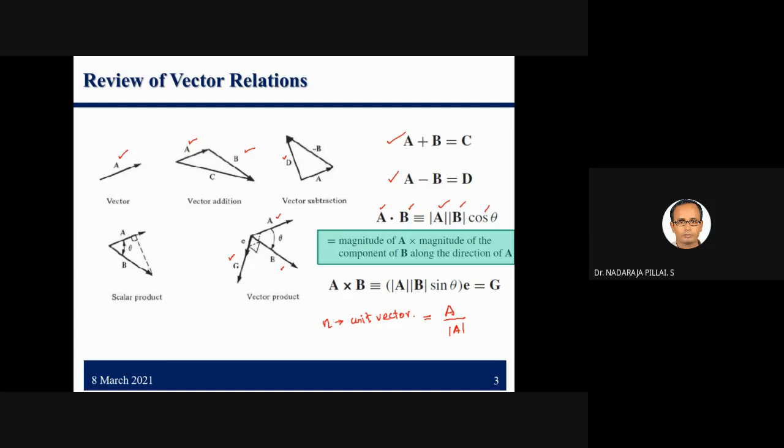A cross B is represented as modulus of A, modulus of B, sine theta, into e, which is equal to G. G is perpendicular to both A and B. If you have further questions on this, I recommend you refer to your basics on vectors.